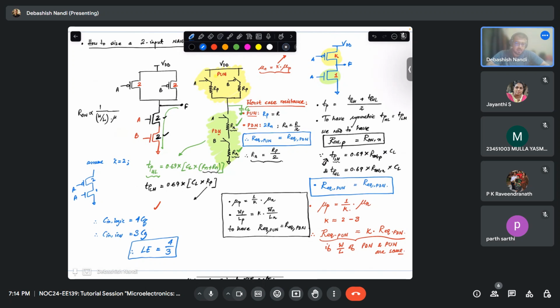So don't assume that logical effort for a 3 input NAND gate and a 2 input NAND gate will be the same. Logical effort varies depending upon the number of inputs. Why does it do so?